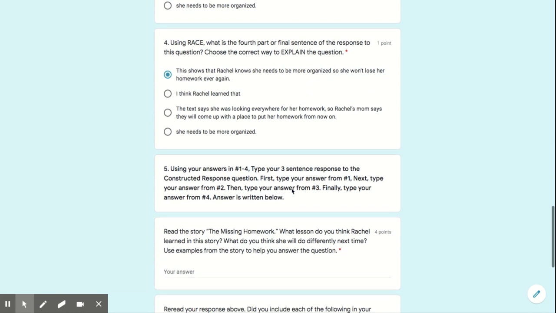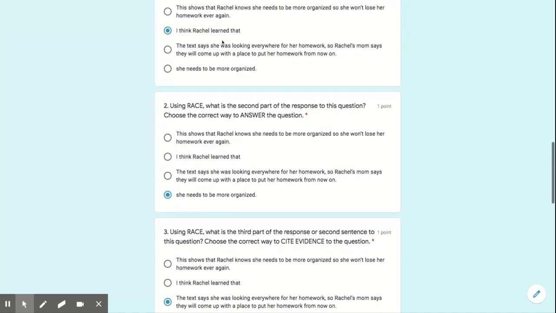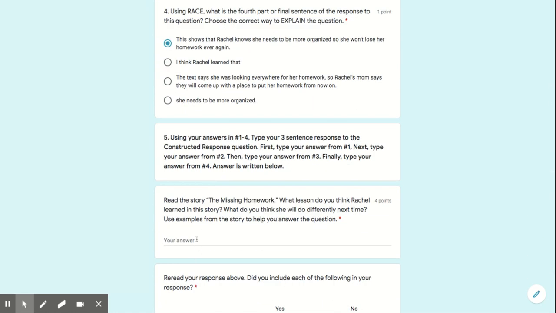So now, this is where a lot of people had trouble last week. All you're doing for number 5 is typing the answers in order down here to make a good paragraph. It says using your answers number 1 through 4, those questions we just did, type your 3-sentence response to the constructed response question.